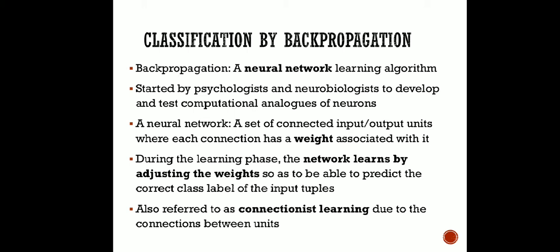Here we will see that a neural network has connected input and output units, and there will be some weight associated with each connection. If you remember, when we associate some weight to an edge in a graph, say with 4 nodes where each node is connected by edges, that means we are giving more priority to that edge.